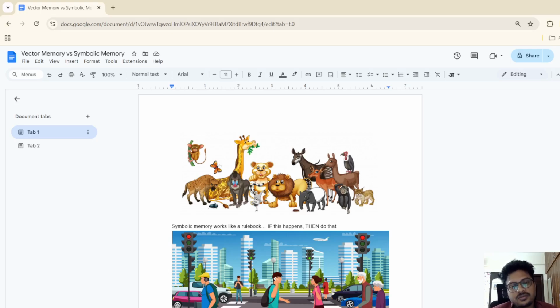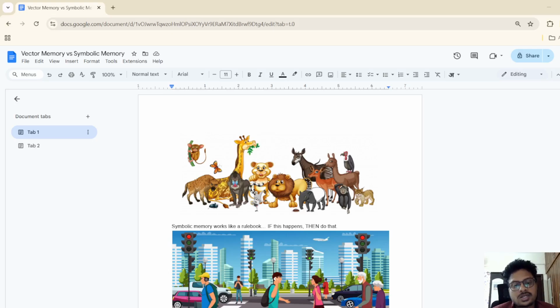There is a hyena, a lion, which has a different structure than a monkey, a different bird, a deer. Every animal has a different body structure. By seeing that body structure, we can easily remember the name of the animal.